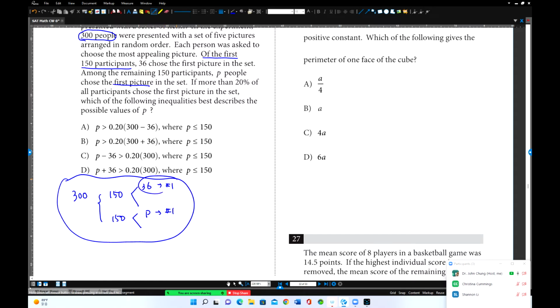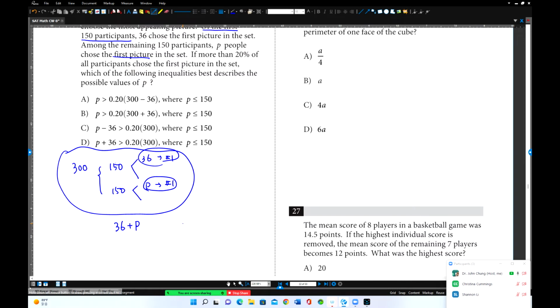This is 36 over here, plus P. This is the number of people who chose picture 1. It should be more than, meaning greater than, 20% of the total people, which is 300. So the number of people is 0.2 times the entire 300. That's the equation.